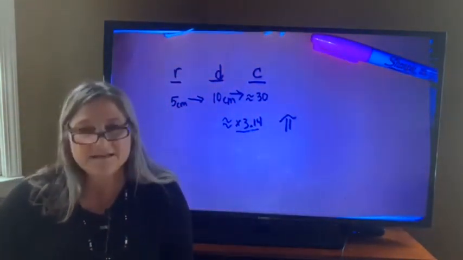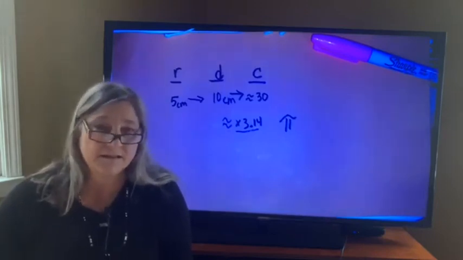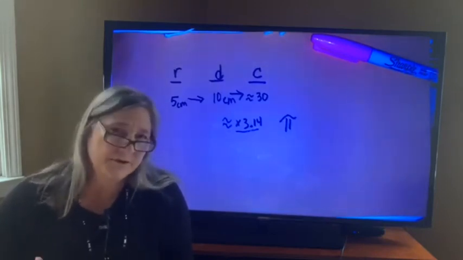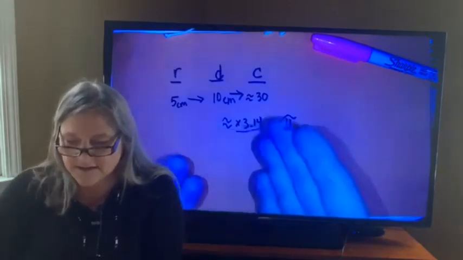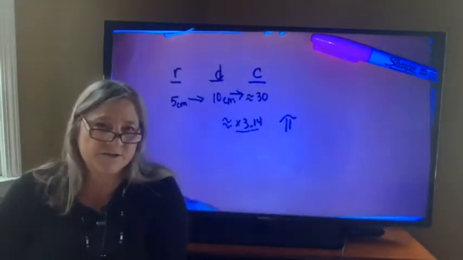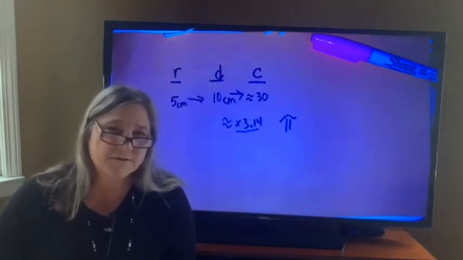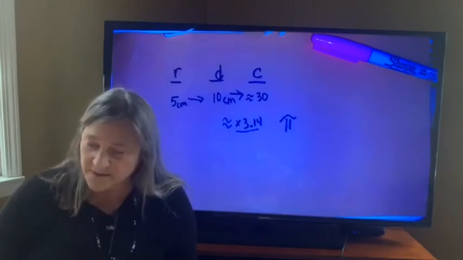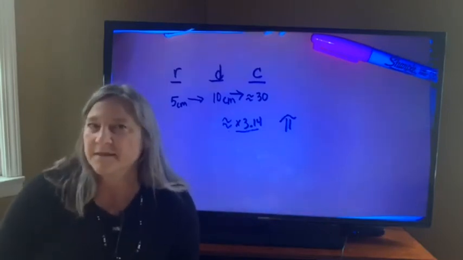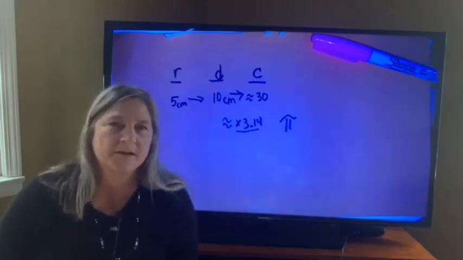So we can get into the details of the pi times d in the classroom, but for you and your students at home, just go ahead and make sure they understand these reasoning situations, patterns that they're finding with all the measurements with the circle. And that will serve them well. They'll be able to tell if it's about what they think it should be when they're just doing a calculation.